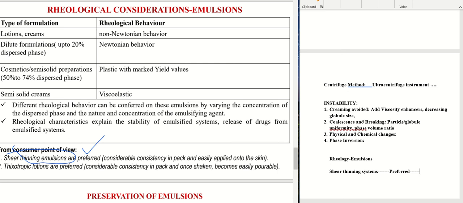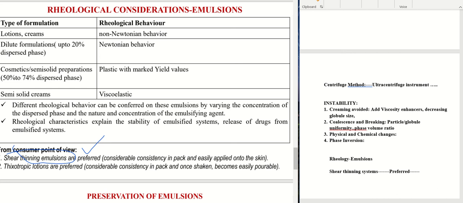So we should always make sure that emulsions formulated as lotions have shear thinning properties.